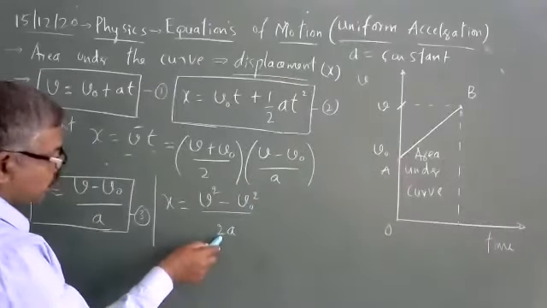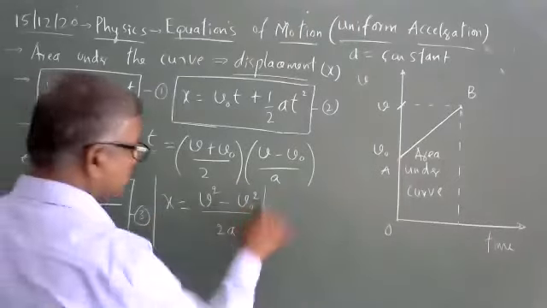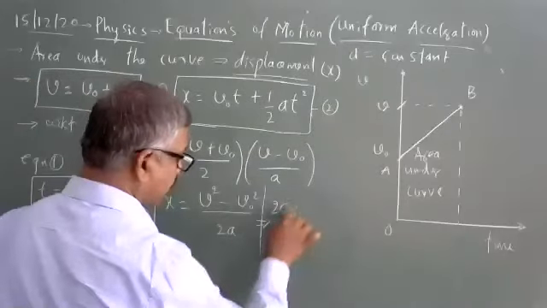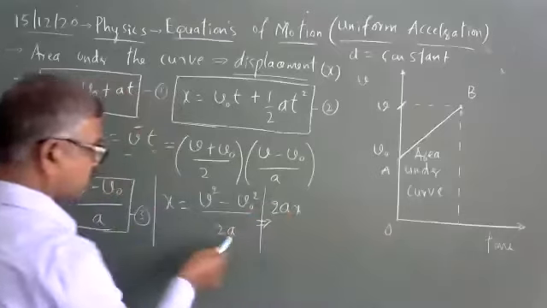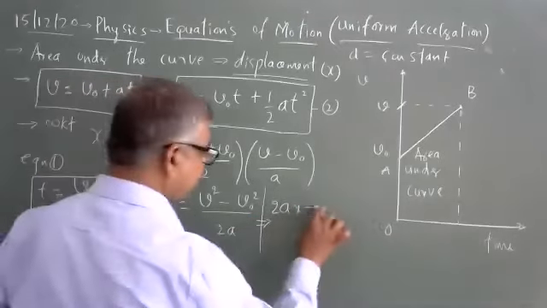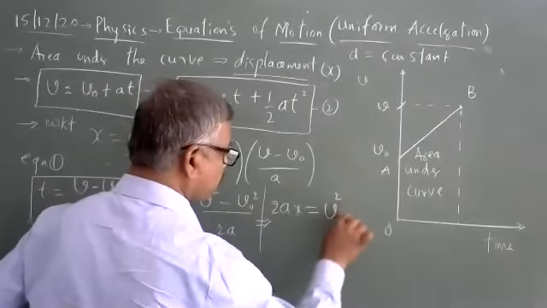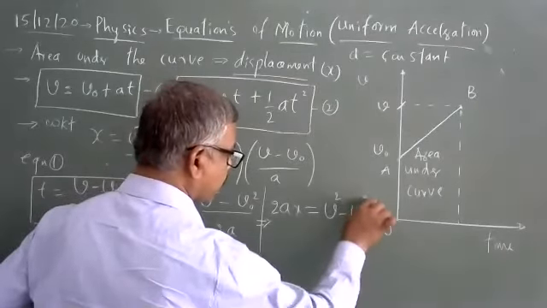Further simplification: this simple relation looks very effective. 2ax, because this 2a is taken to the left hand side, equals final velocity square minus initial velocity square.